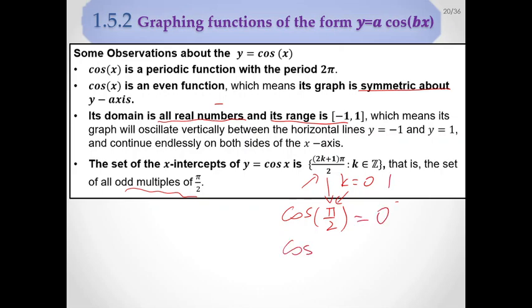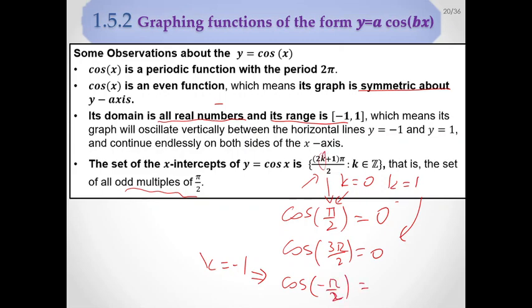If you take k equal to 1, then you will have 3 pi over 2, which is also 0. And if you take minus 1, you will get minus pi over 2. Then again, this will be equal to 0. So for all these k's, at these x values, the cosine function is equal to 0.